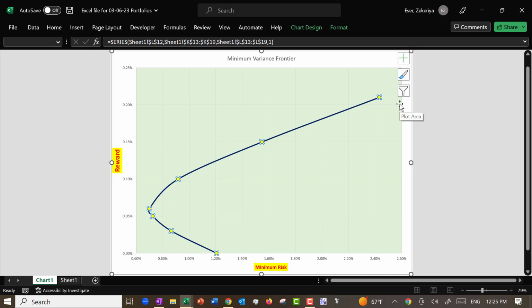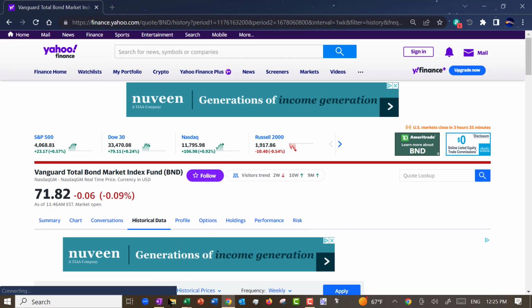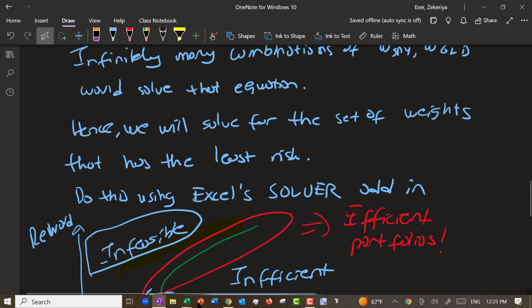It puts 76% on the S&P 500, but it shorts some of the bonds. Let's use the exact reward.